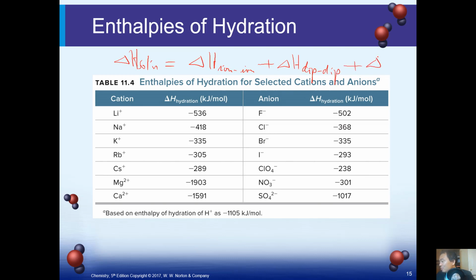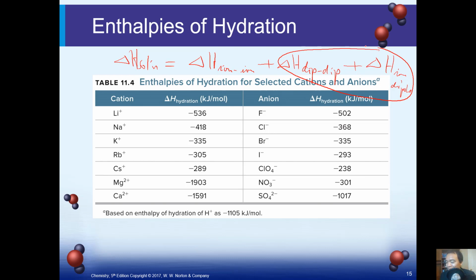The last step is the delta H for the mixing, or when you mix this, it forms ion-dipole. So the last two steps, we put together. We call this enthalpy of hydration.